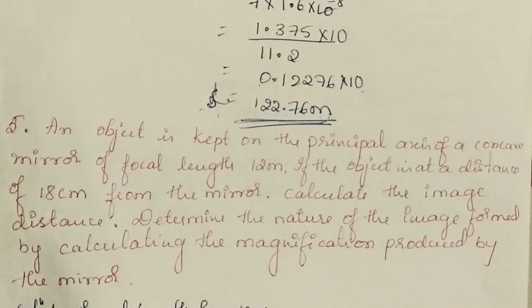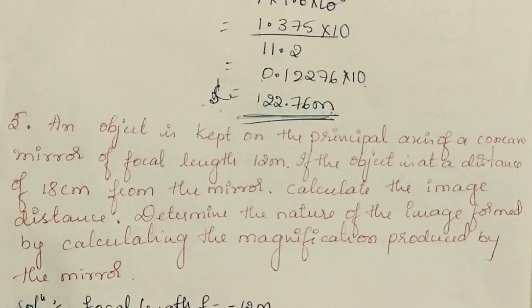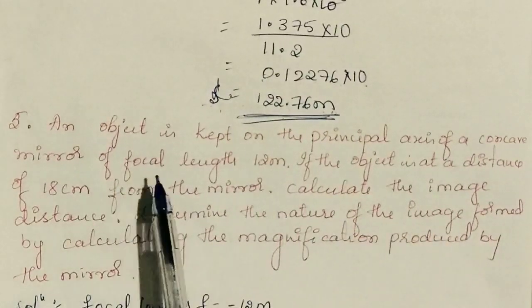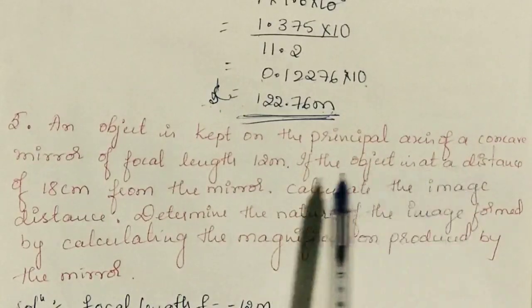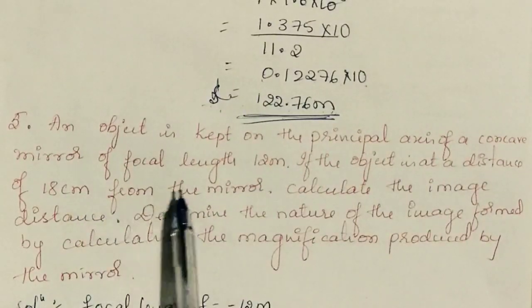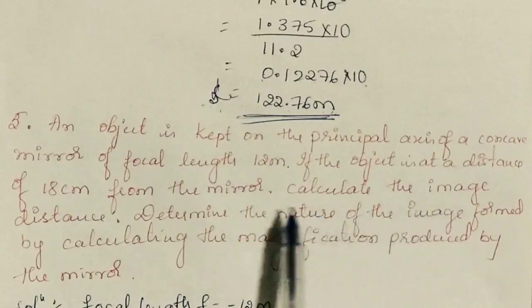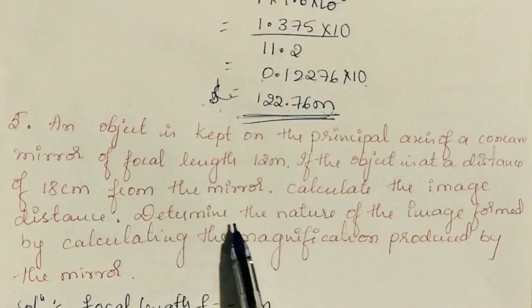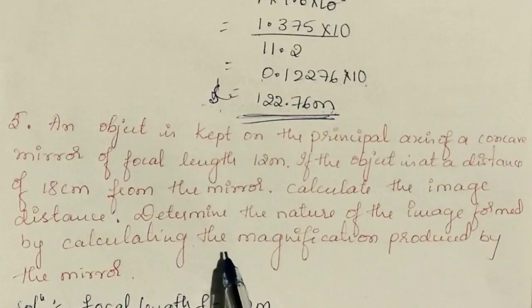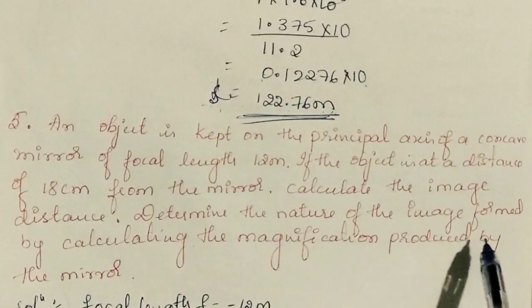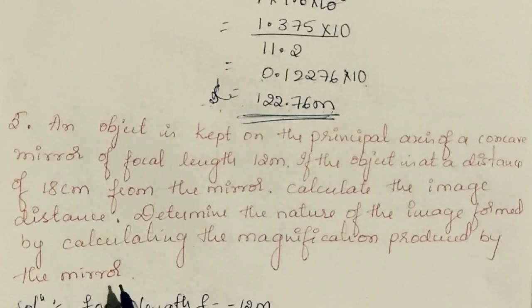Next, fifth question. An object is kept on the principal axis of a concave mirror of focal length 12 centimeter. If the object is at a distance of 18 centimeter from the mirror, calculate the image distance. Determine the nature of the image formed by calculating the magnification produced by the mirror.